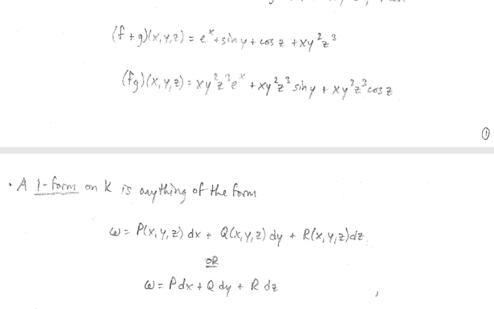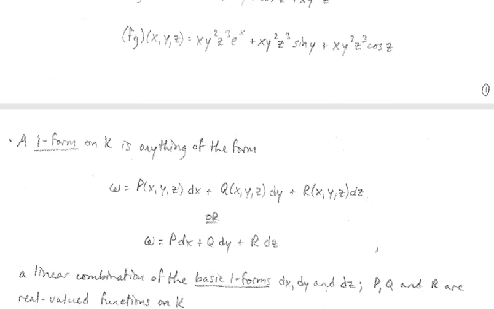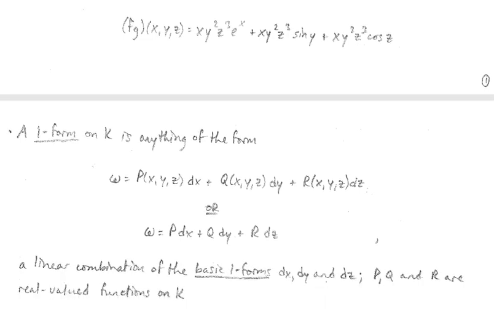A differential one form, or just a one form on K, is anything that's of the form omega equals some function p of x, y, z dx plus q of x, y, z dy plus r of x, y, z dz. Or for short, as you'll see it written fairly often, p dx plus q dy plus r dz.